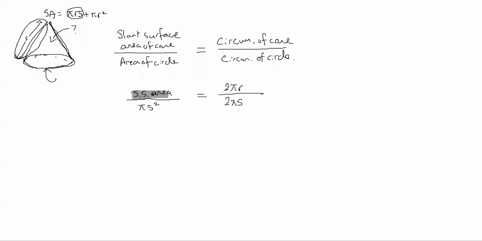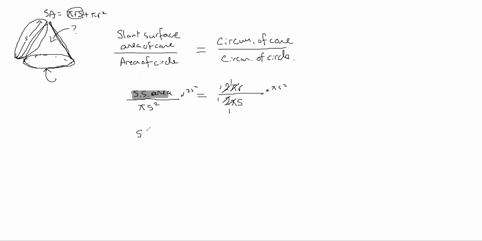then we can say, 2 divided by 2 is just 1. Pi divided by pi is just 1. And if I want to get the left side all alone, in other words, get rid of the division by pi s squared, I'm going to multiply both sides by pi s squared.